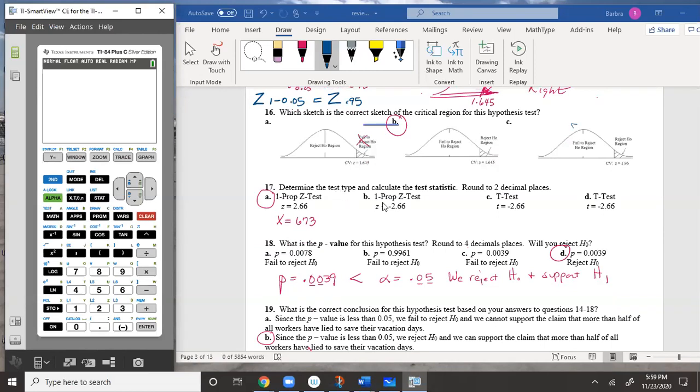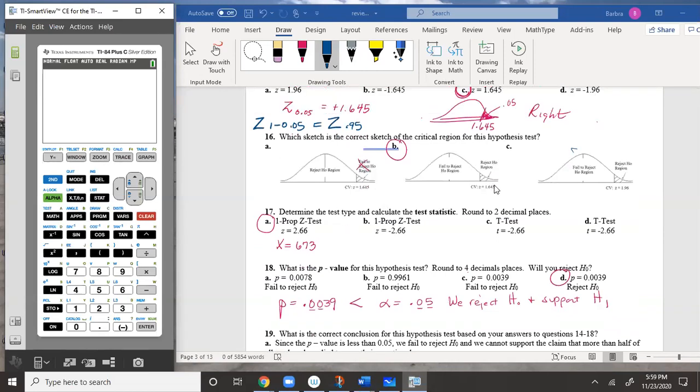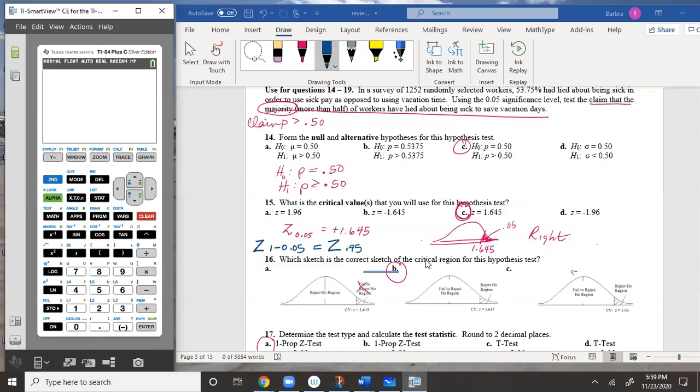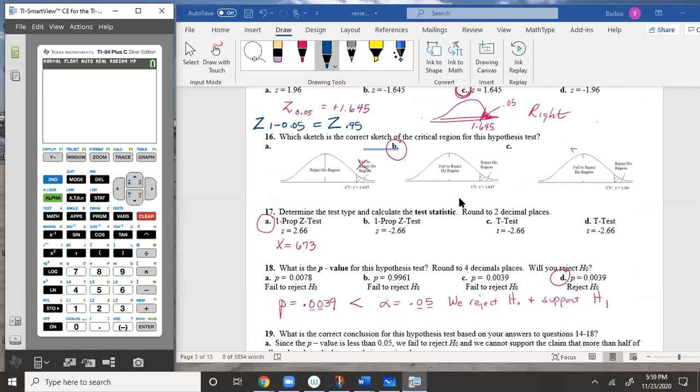And then we determine the test type. We're talking about Z's, so this is proportion. The claim is about a proportion. So we're going to do the one proportion Z test. We go to stat test 5. The null proportion is 0.5.